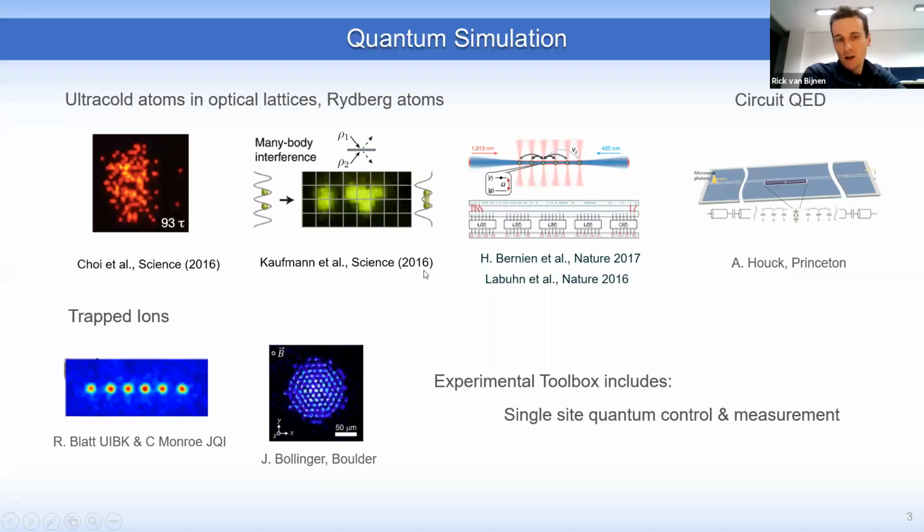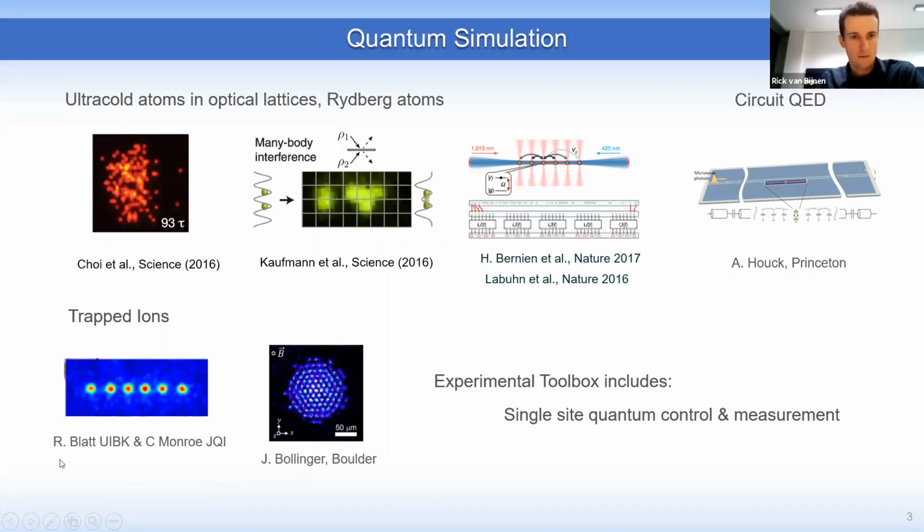Here the experiments have become quite impressive, and one of the key features nowadays is that we have really single particle control, and we can also measure the state of single particles. This is something that's unthinkable in a real material, obviously, but it now allows for a quite unique window into the quantum world. With these platforms, we can now really study quantum matter at the single particle level.